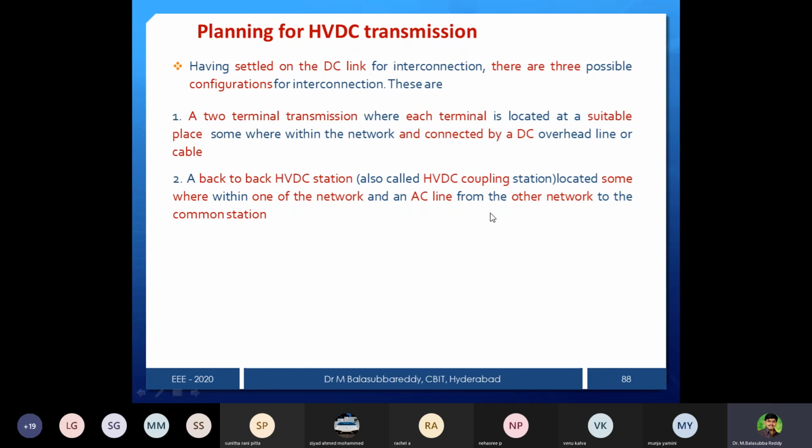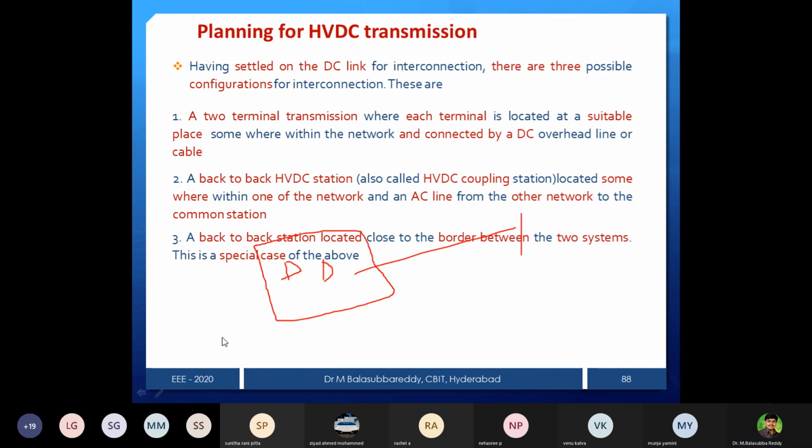That is what the AC line shows in the other network. Both the converter station and the inverter station, in the second diagram if you recall, are in a box, and both are connected in this one network, and the other network is AC. So that is the second case we noticed there.